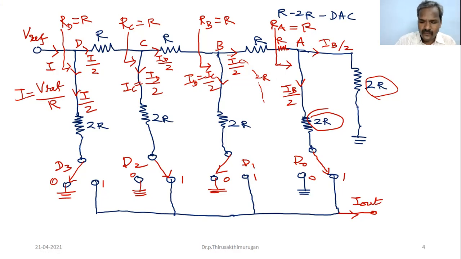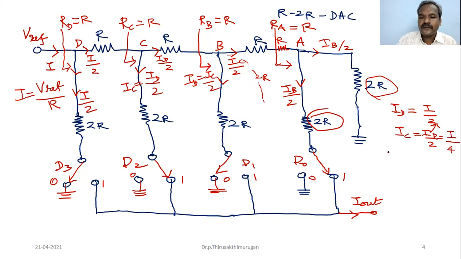So what we have here: I equal to V reference by R. What is ID? ID equal to I by 2. What is IC? ID by 2, so if you substitute this, I by 4.